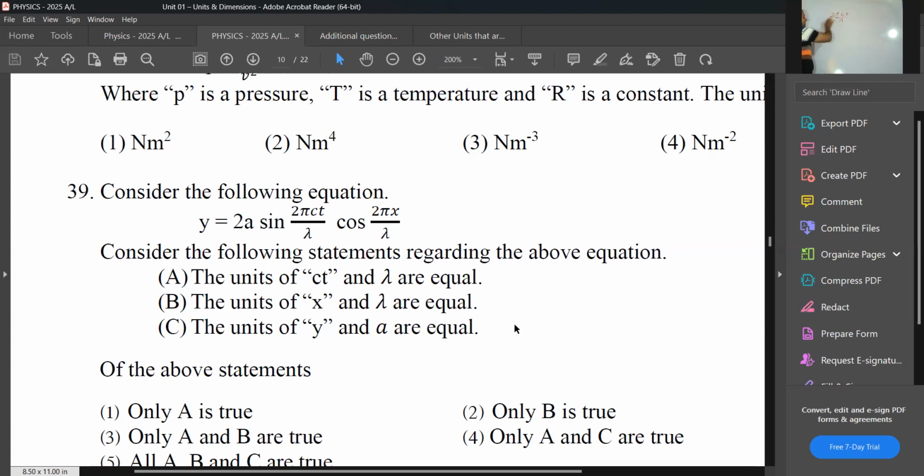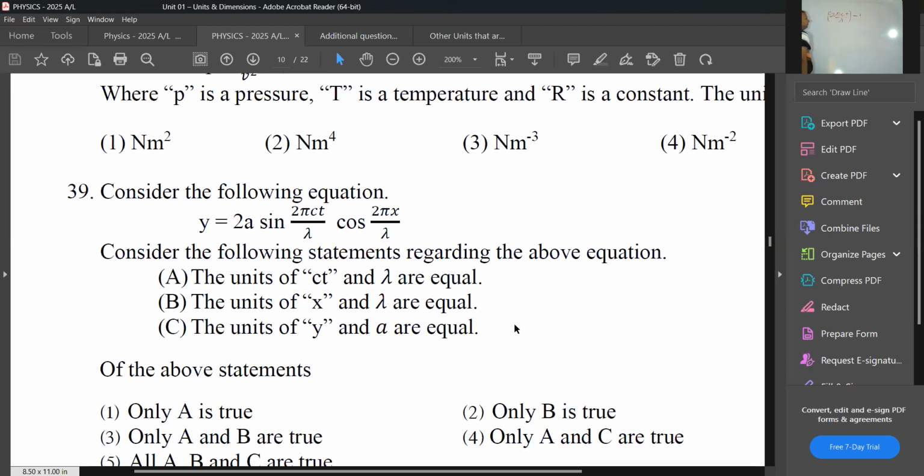So if it is an angle, it doesn't have dimension. That means the dimension of this one should be equal to 1. And I know the dimension of 2 pi is equal to 1 because it is a number. So a number doesn't have dimension.